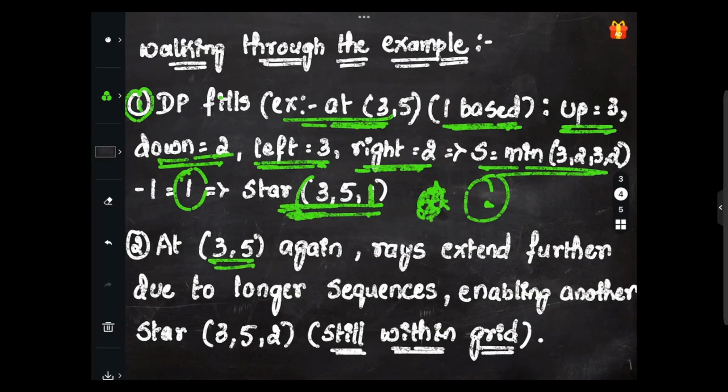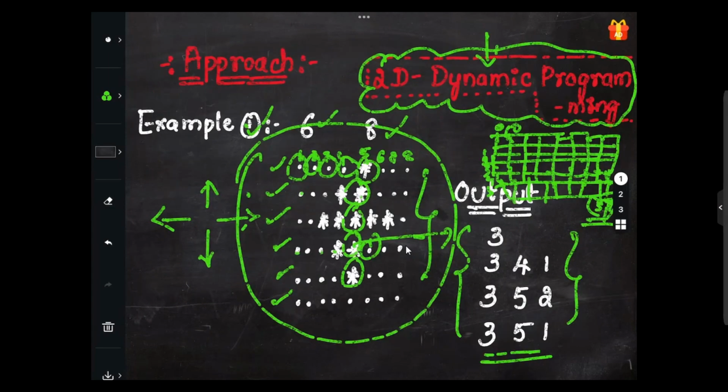Again the center one at 3 comma 5: the rays extend further due to the longer sequences, enabling another star. If we extend this one, the ray will extend and lead to another star. So at 3 comma 5 we can consider up, we have another star. Only up, because down we don't have, and left we already considered 1.